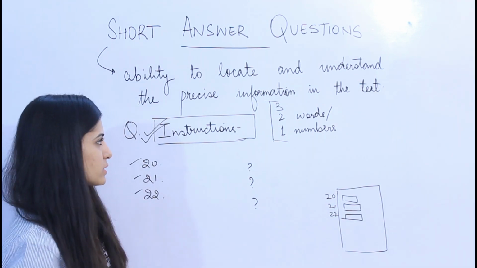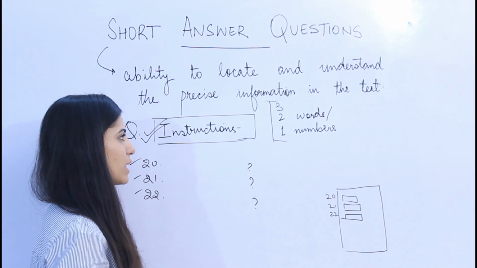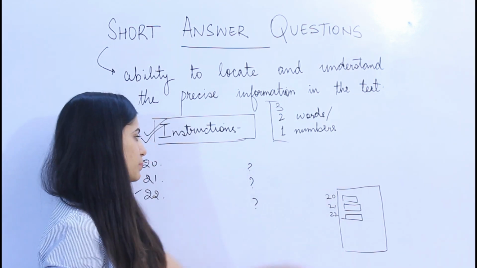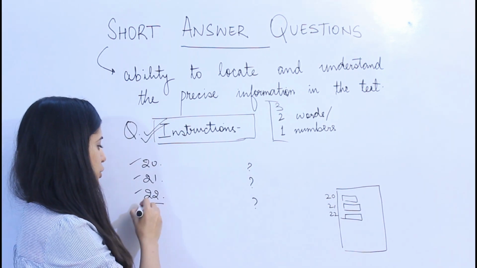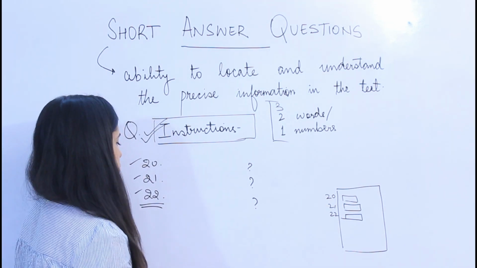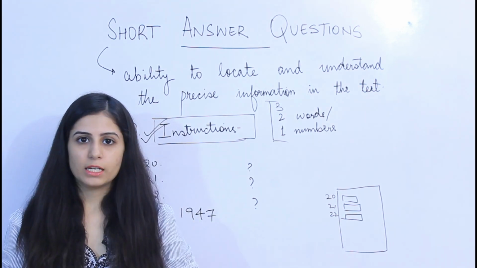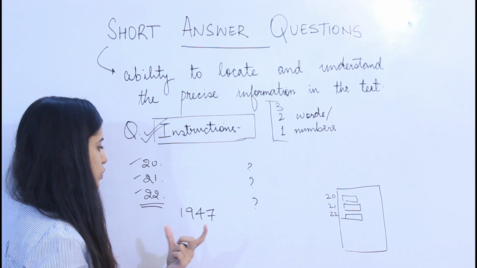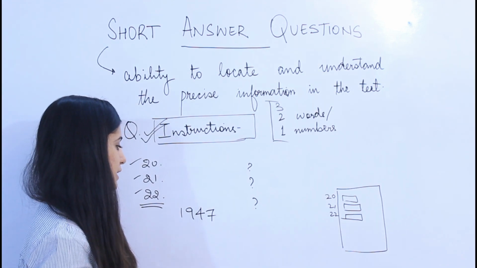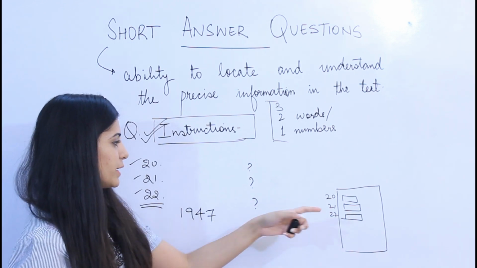Alright, then there's another question that pops up quite often. For example, the answer to question number 22 is some year. For example, the year of independence. So that's 1947 in case of India. If India got independent in 1947, then what would you write here?